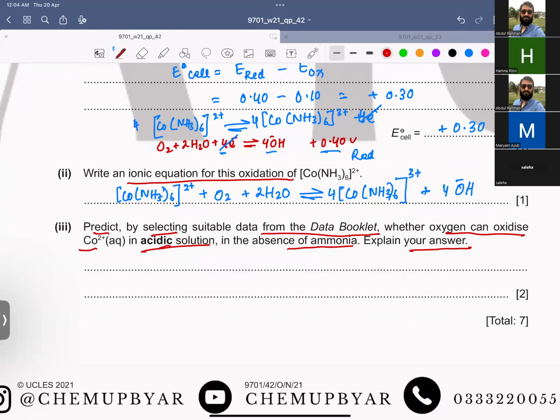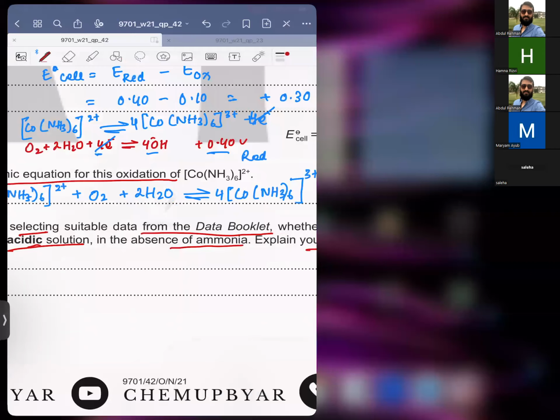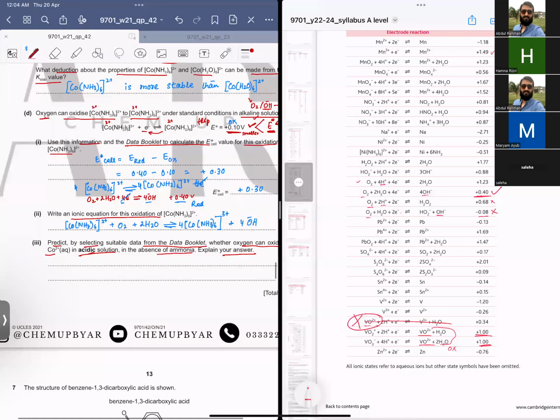Whether the oxygen can oxidize cobalt to positive. Okay, so let's have a look. First have a look at the equation for cobalt, specifically the oxidation of cobalt.